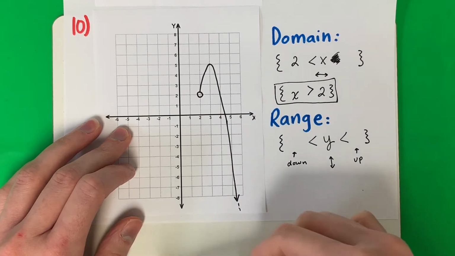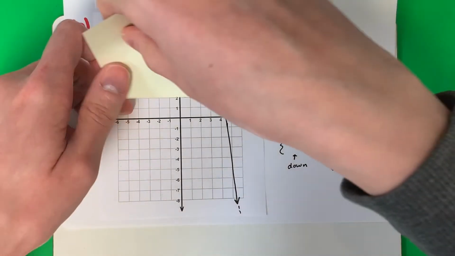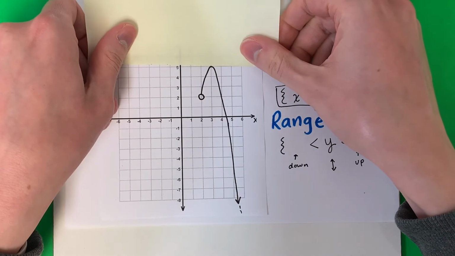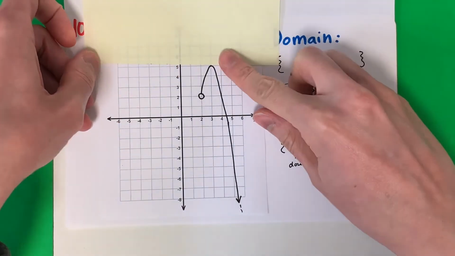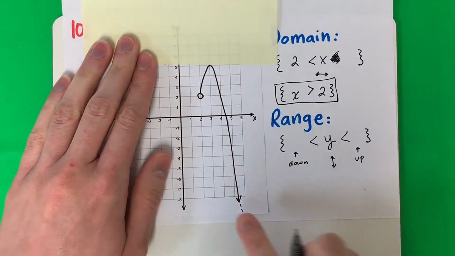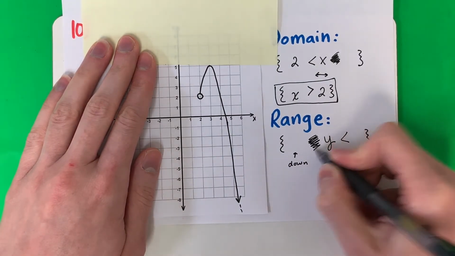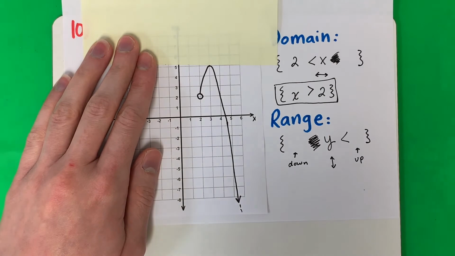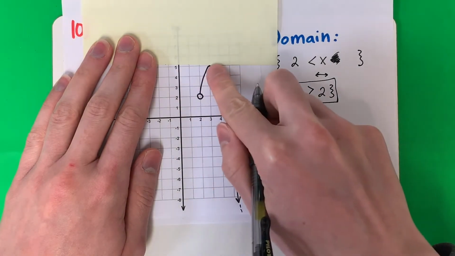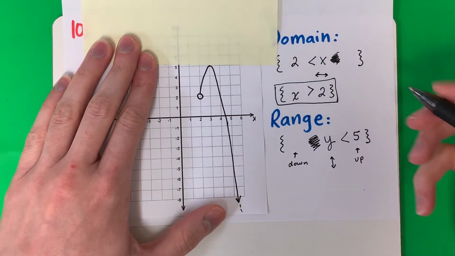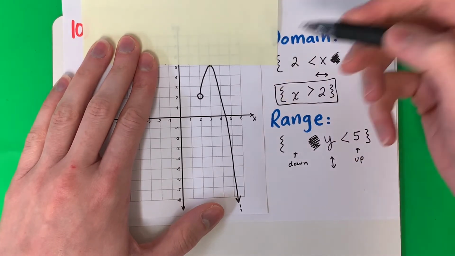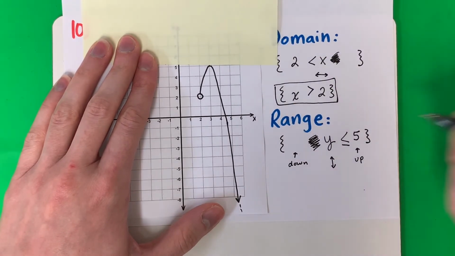So no sticky down. Up is +5. So down, I don't have anything. So here, I will erase this one. And then up, I have +5 with a line. So yes line right here.